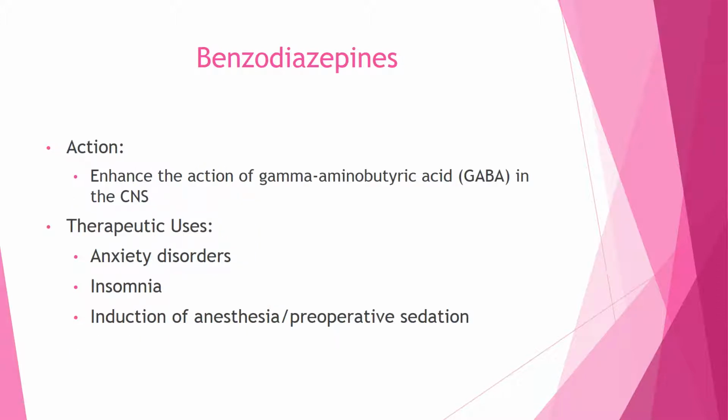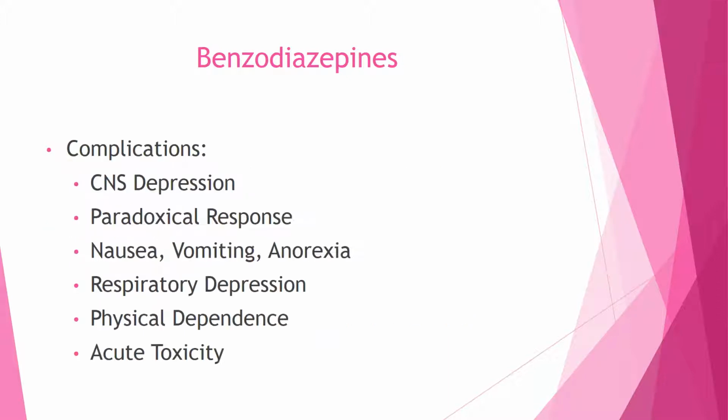Okay, so the benzodiazepines enhance the action of GABA in the central nervous system. We can use them for anxiety disorders, insomnia, and induction of anesthesia and preoperative sedation. So your Valium or Ativan, they can give for that preoperatively.